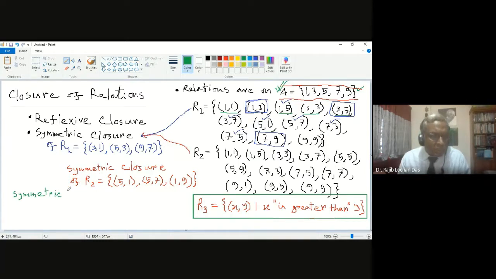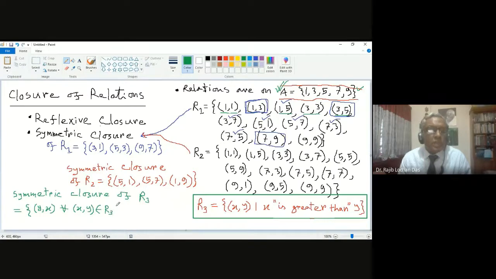So what you will write: symmetric closure of R3 equal to, this is the set, you need y comma x for every x comma y, because no one is available here.